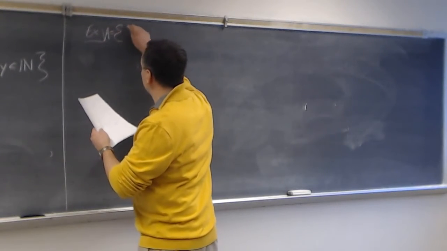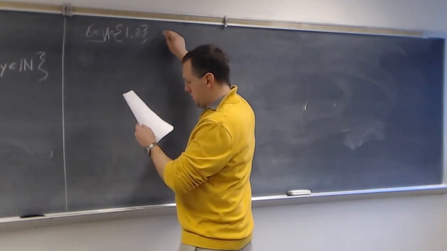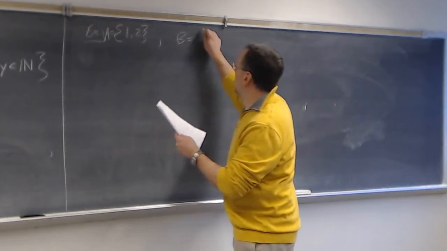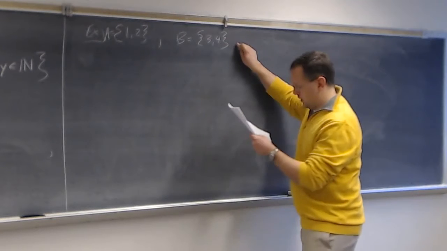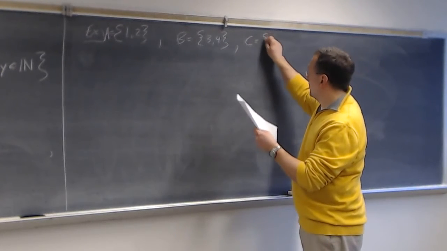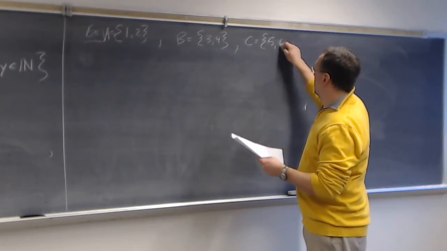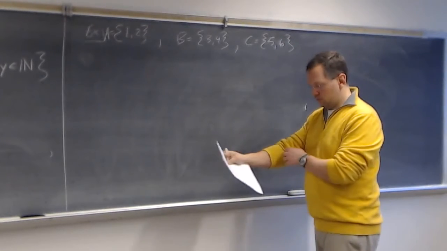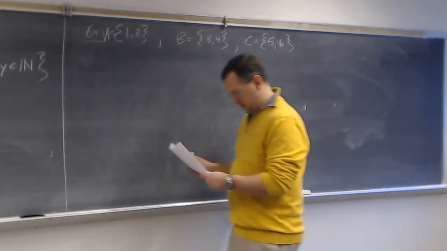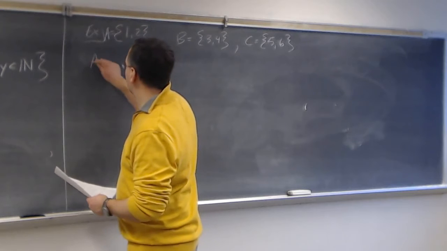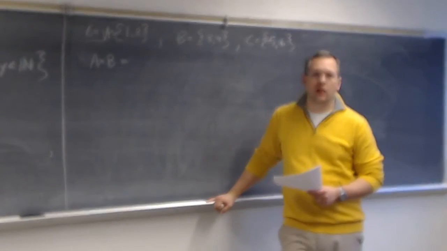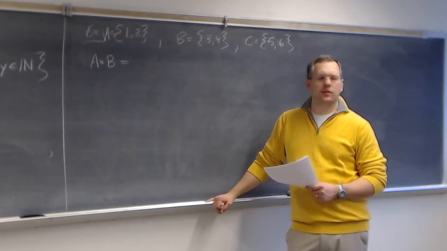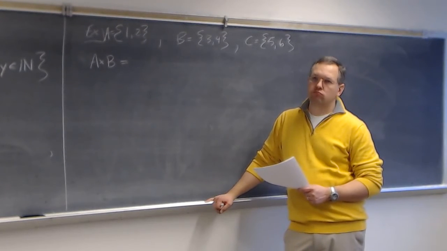A is a set with 1 and 2 in it. B is a set with 3 and 4. And C is a set with 5 and 6. Before I write the elements of A cross B, how many elements are there going to be? 4, right?